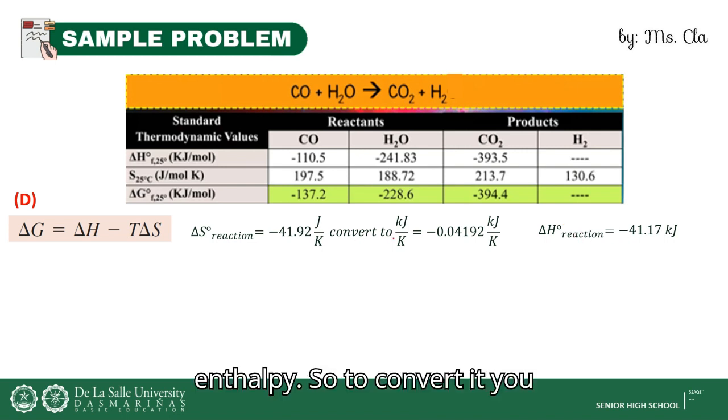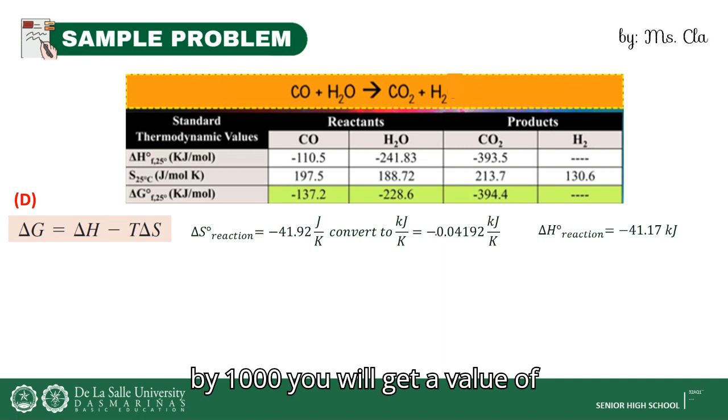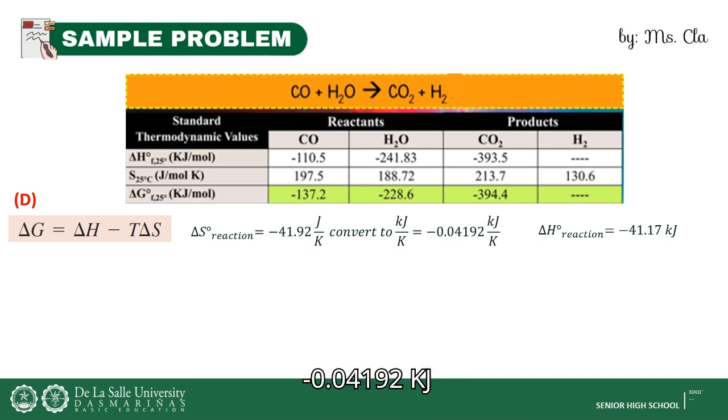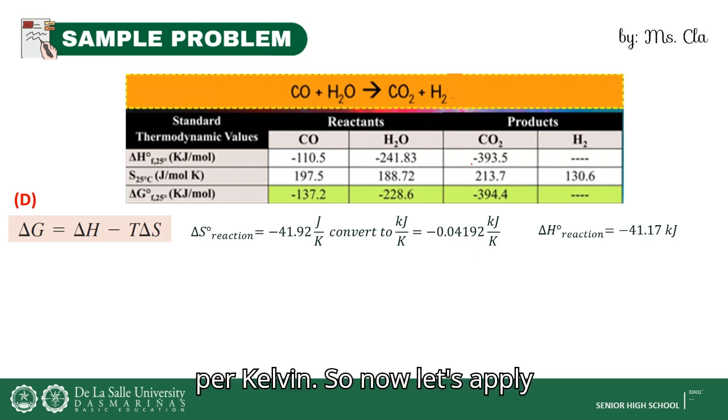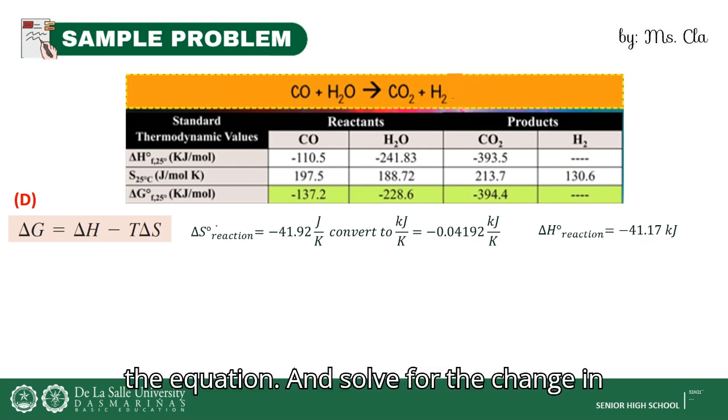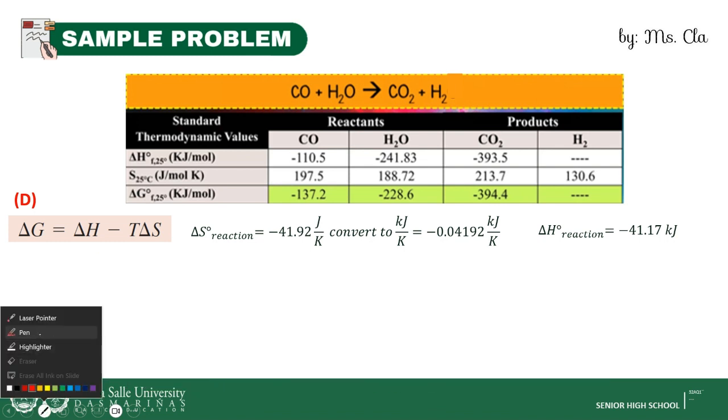To convert it, you need to divide it by 1,000. When you divide it by 1,000, you will get a value of negative 0.04192 kilojoule per Kelvin. Now let's apply the equation and solve for the change in free energy.